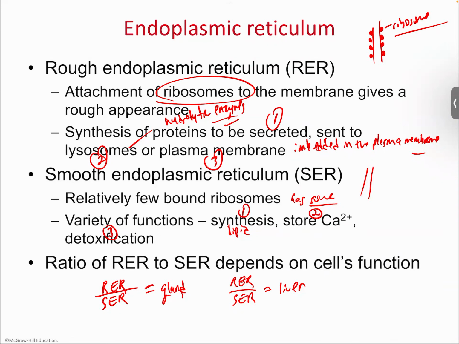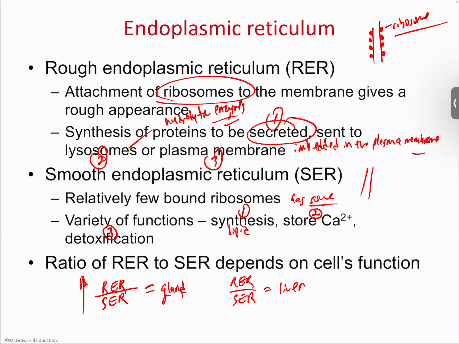So we can actually tell what a cell does for a living by looking at the ratio of ER, rough to smooth. For instance, if you have a gland, what do glands do for a living? They secrete stuff, right? So would you expect the rough to smooth ratio to be high or low?